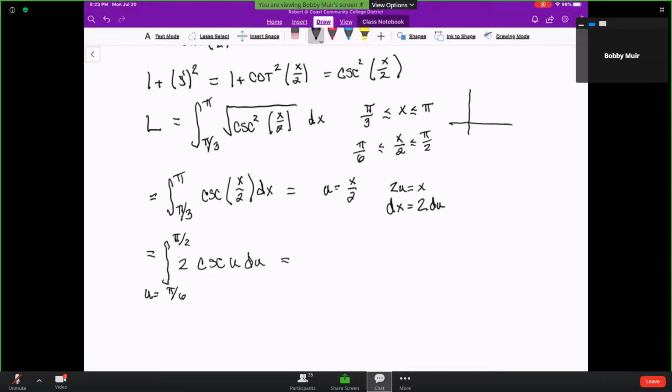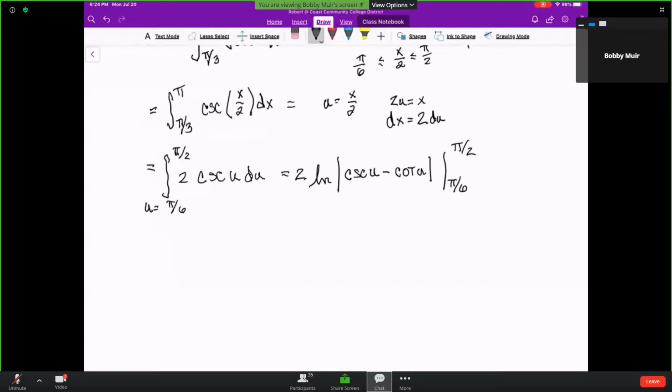Okay, so now the antiderivative of this, I still have it somewhere on my papers here. Let me see. It's like the log of cosecant minus cotangent. There it is. So this is 2 times the natural log of cosecant of u minus the cotangent of u, evaluated at pi over 6 and pi over 2.